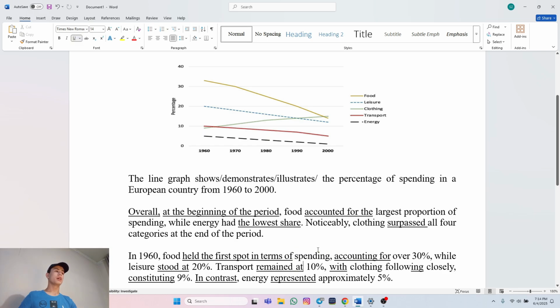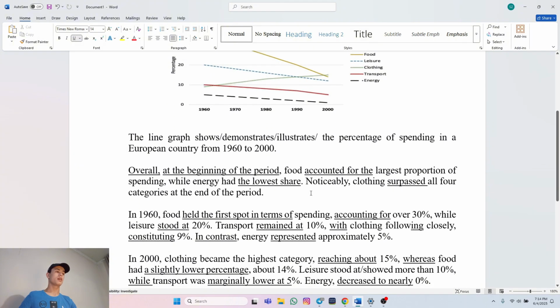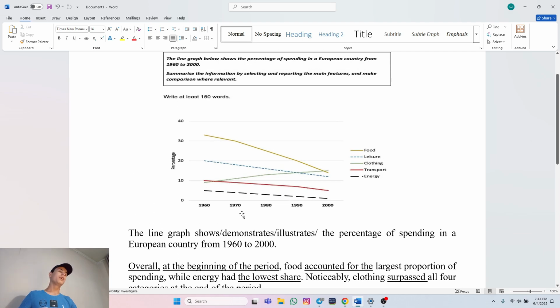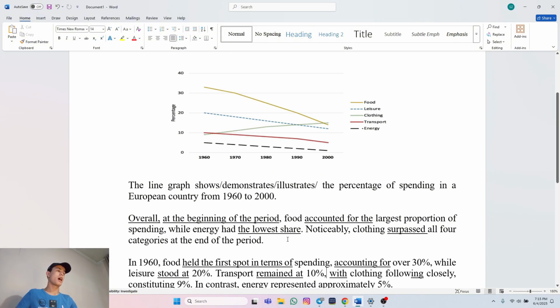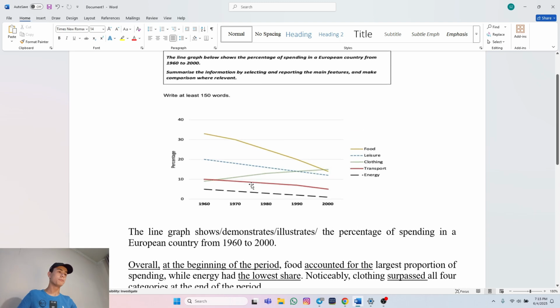In terms of spending, because we have been given the percentage of spending, we write like this. We write whether it held the first spot or not, and we also have to say at what percentage it did so, accounting for 30%.